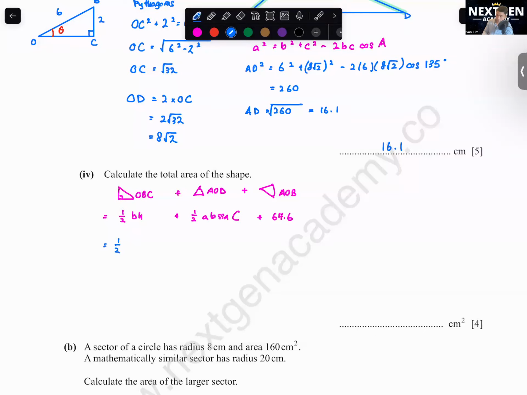Put into the formula 1/2 base times height, 1/2 times 6 times 8 root 2 times sine 135 degrees plus 64.6. Okay. You either break it down, you slowly go and calculate, or you just type the whole thing into the calculator, you will get 94.2.